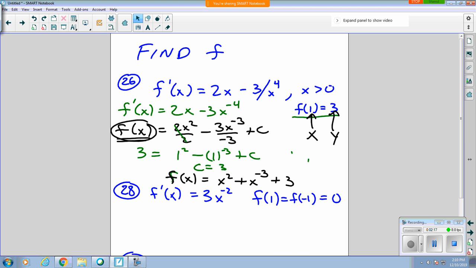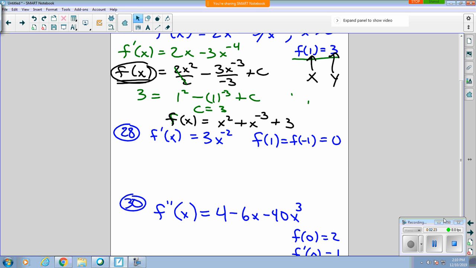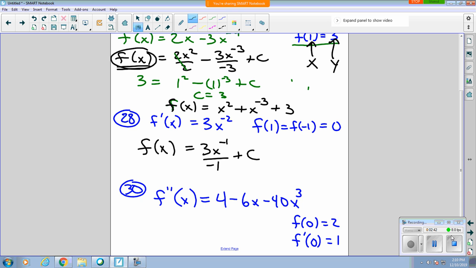All right. So, everybody, again, my suggestion is don't worry about the c right away. Add 1, and everybody, it's not negative 3, it's negative 1, right? Because you add 1, it goes up, plus c. Now, if I want to find c, I will use a condition.